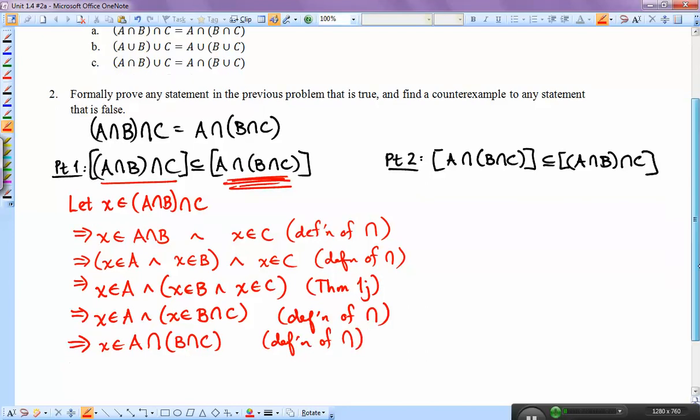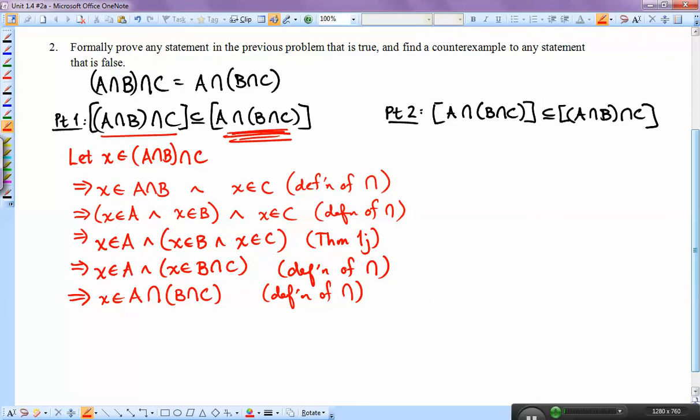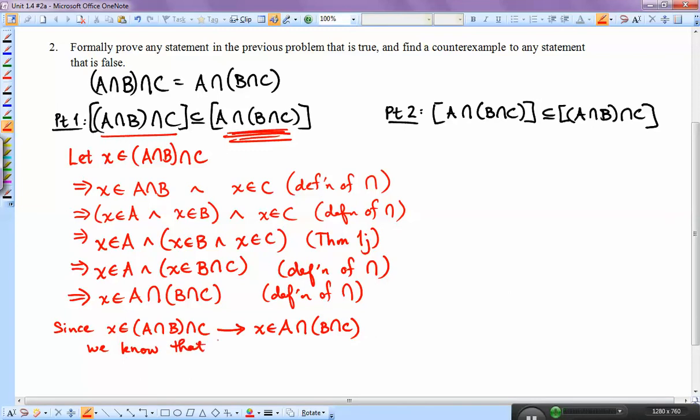Okay, now technically you should really have another little line here that says what you just did. So since X in A intersect B, with the parentheses around the first two, implies that X has to be in A intersect and then the quantity B intersect C, we know that the first half there, the first set, A intersect B quantity intersect C, is a subset of the second one.